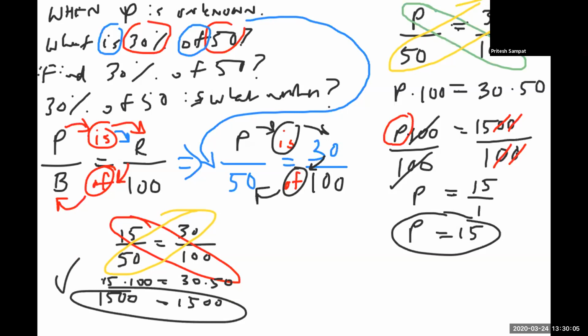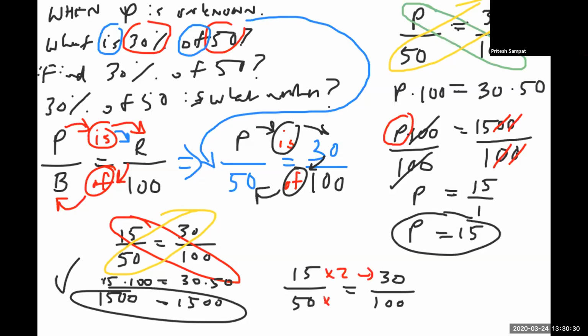Another thing you can see, I'm going to rewrite this. I have 15 over 50, and it's equal to 30 over 100. We talked about in section 4.1 about the ratio problems and scaling up and scaling down. If I multiplied this by 2, I would get 30.